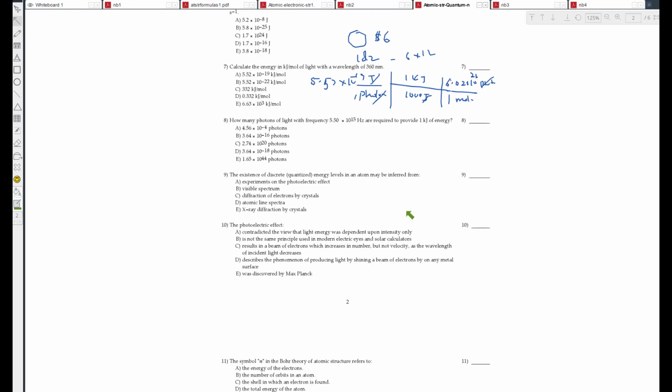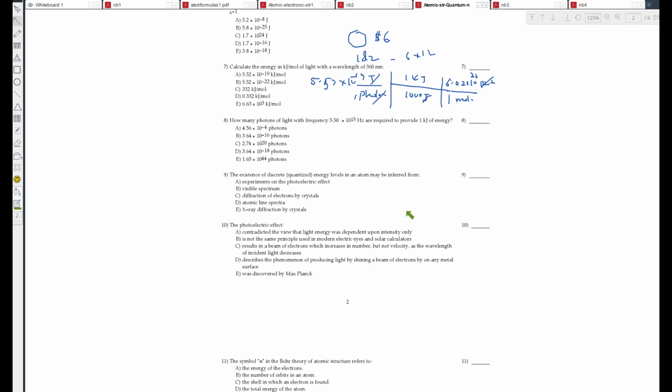Okay, I just have to take a few moments to think about this. So I'm just going to rearrange it. E equals hc over lambda, or in this case, I'm going to use E equals h times nu, and that is the energy of 1 photon. The energy is 1 kilojoule, and h we know.